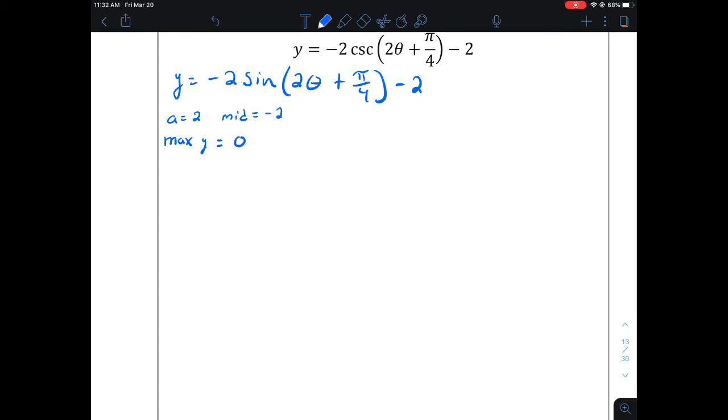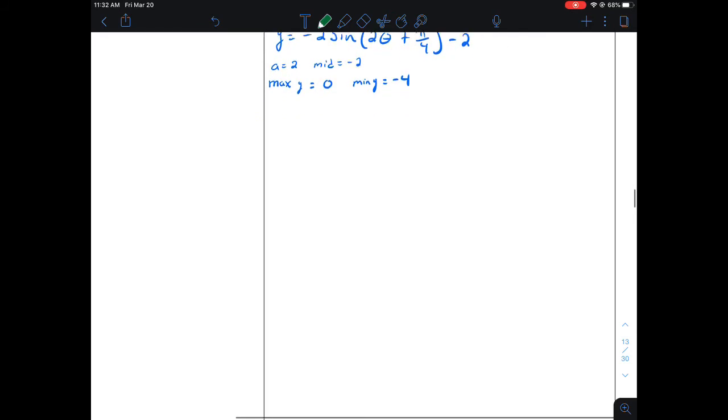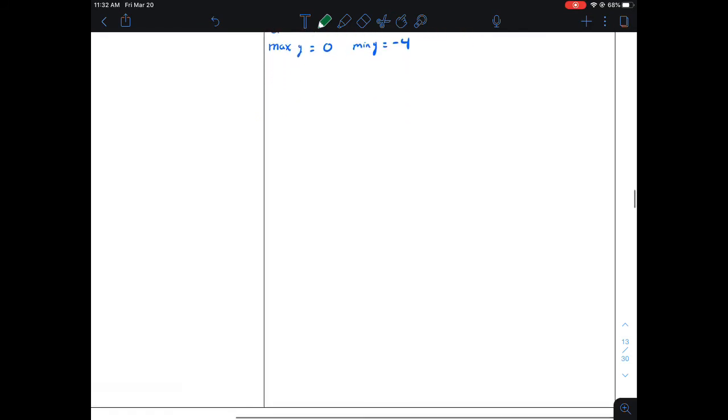0. This is for sine, not for cosecant. The minimum y is negative 4. So I can go ahead and make the cosecant be green. The vertical scale for sine, which is going to be different for cosecant, but at least gives me a good starting point.